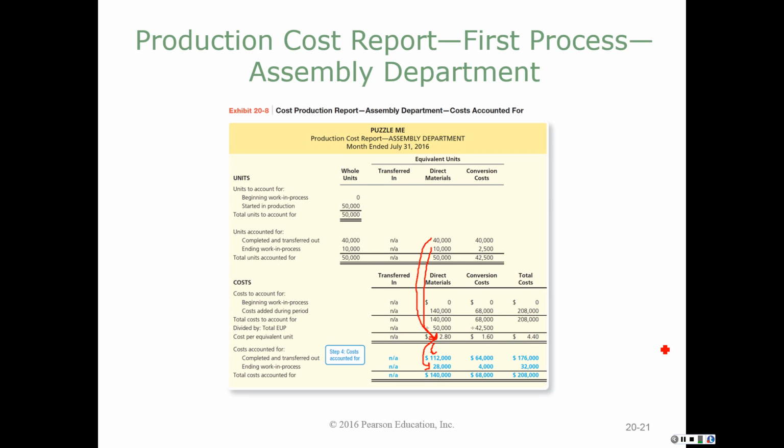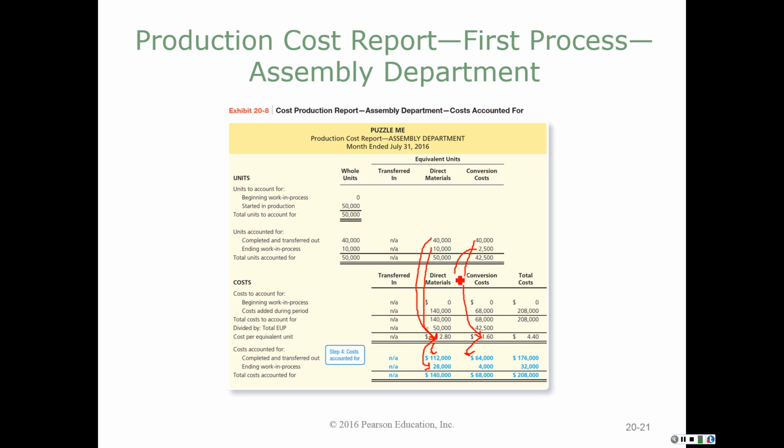We're going to do the same thing for the conversion cost, the 40,000 times $1.60 each. That's the cost of completed units that needs to move out of this process and into the next process. The 10,000 units left in work in process are the equivalent of 2,500 for conversion cost, 25% complete.